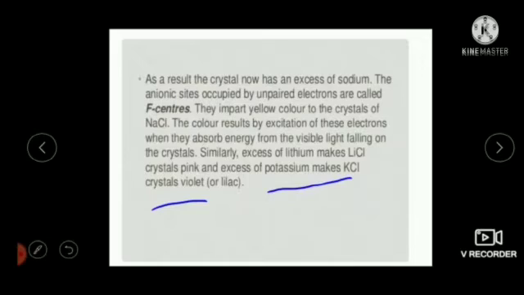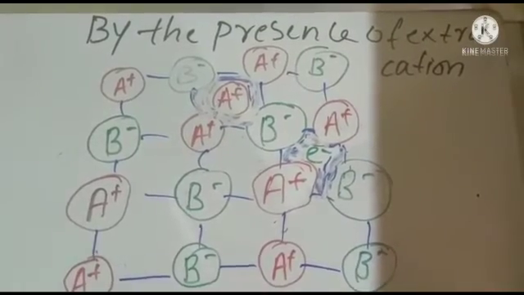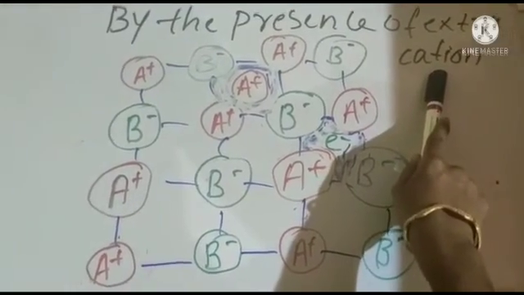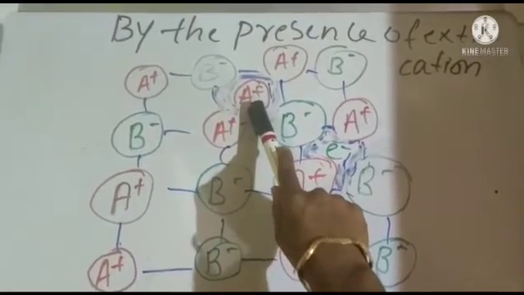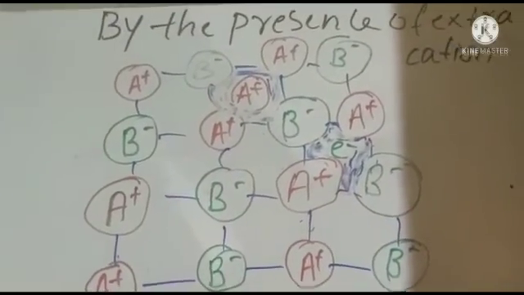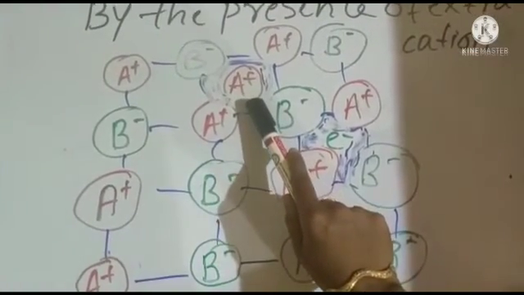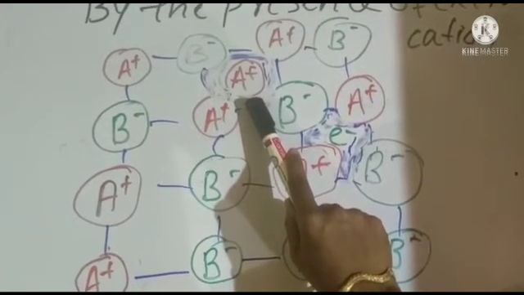The defect is similar to Schottky defect and is found in those crystals which suffer from Schottky defect. Next is metal excess defect by the presence of extra cations. A positively charged ion is called a cation. The metal excess defect also occurs when extra positive ions occupy an interstitial position.